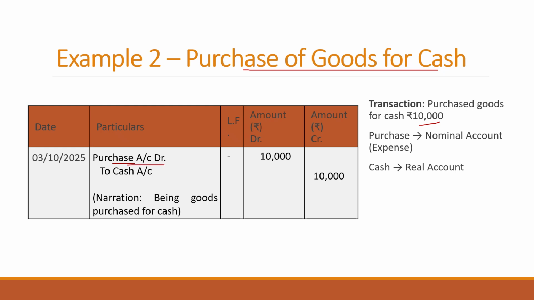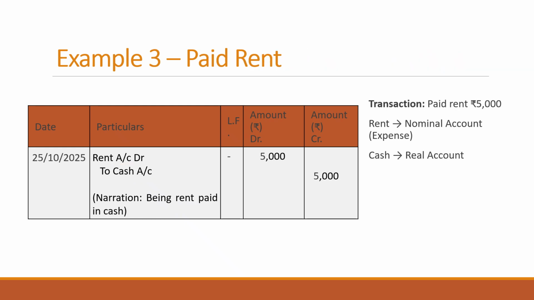And cash is going out of the business, so cash is credited here. So what will be the entry? Purchase account debit to cash account. Got it? So the memory trick will be: expenses are always debited.